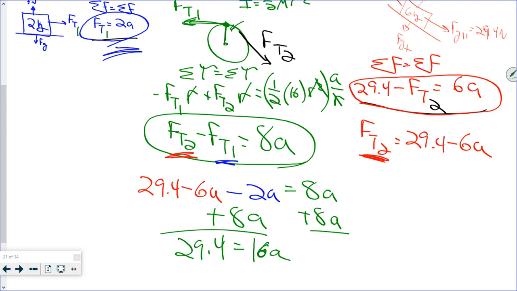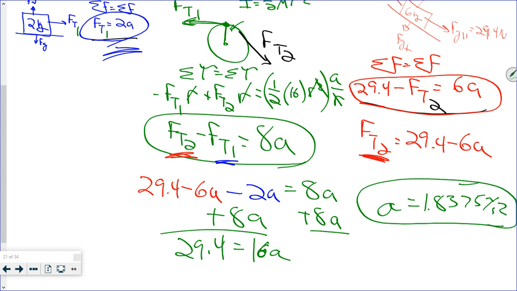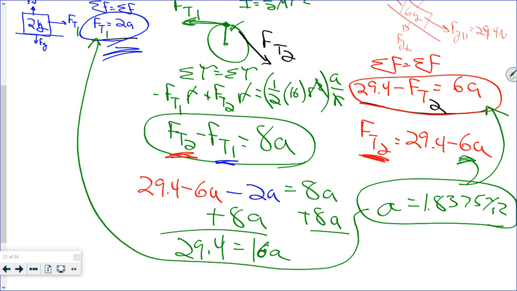Divide both sides by 16, and you will discover that the acceleration of our system is 1.8375 meters per second squared. Once you've got that acceleration, you can plug it back in here to find tension 2, and plug it in over here to find tension number 1.